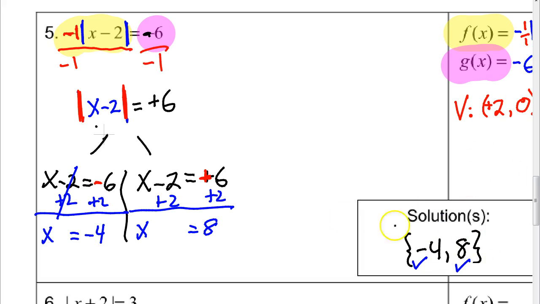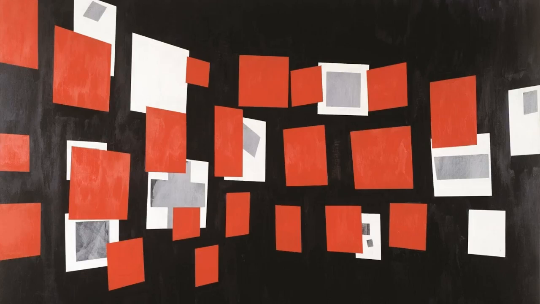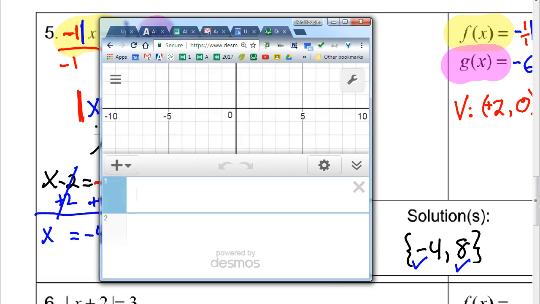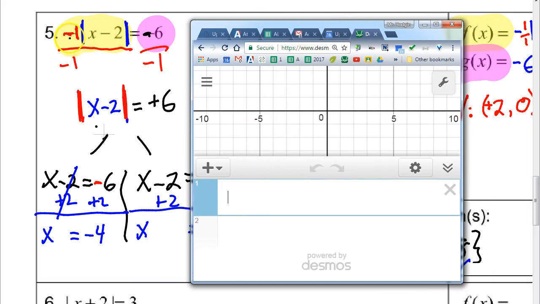And of course, if you want to check, you can always go to Desmos, click Start Graphing, especially if you have the app on your phone. And then you can verify for sure by plugging it in. -1 absolute value of x minus 2. So just type it in exactly as you see it.